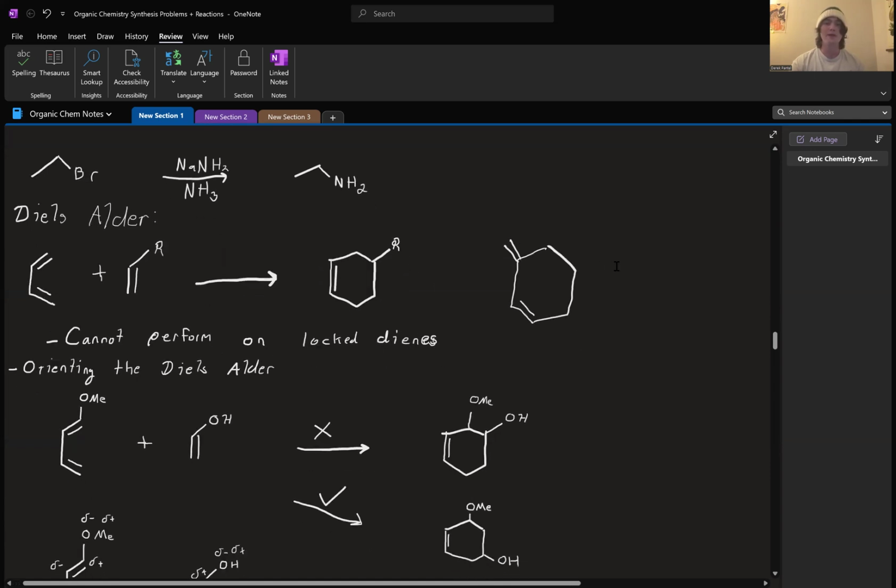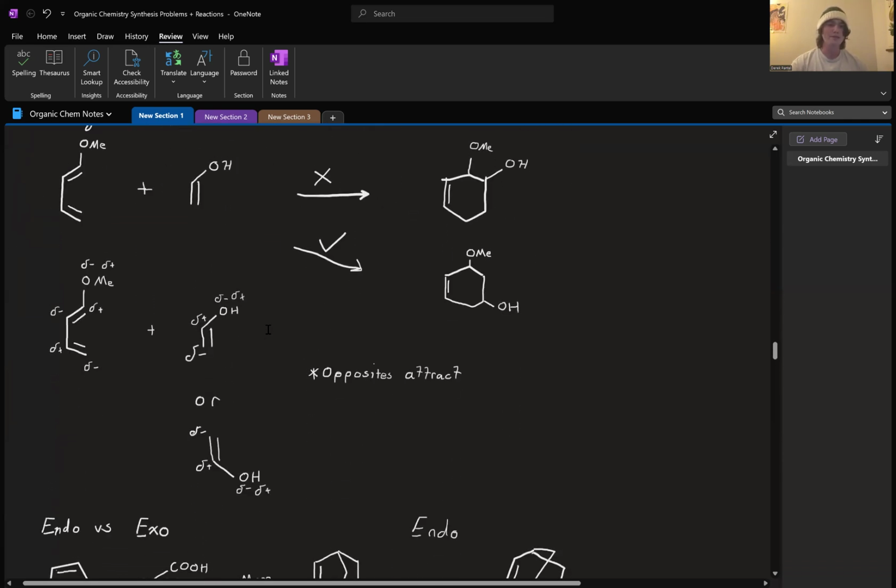And then on the right here, I've drawn this locked diene, and it's locked because this diene is in a cyclic formation, but it's in a trans alignment. Because it's trans and I can't rotate this sigma bond, because that would break the cyclic molecule, this diene is locked and this cannot perform Diels-Alder. So this is a no-go.